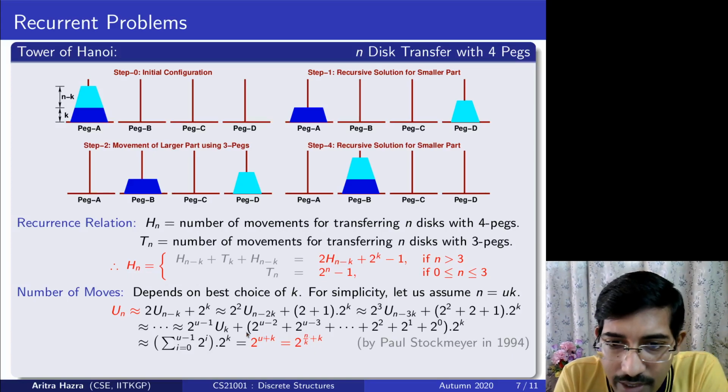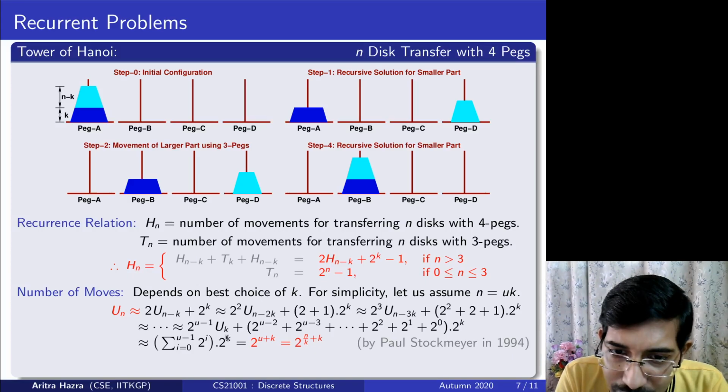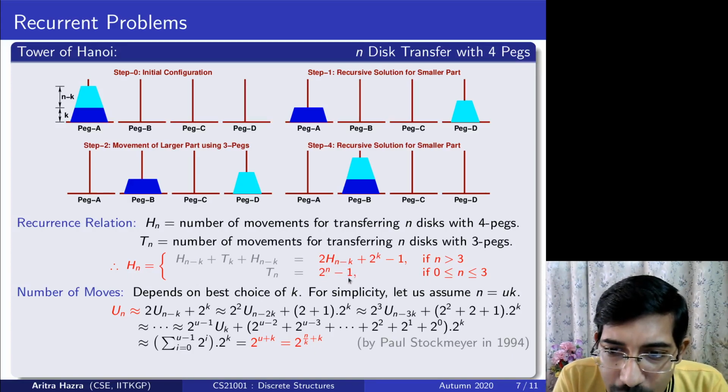Now this is nothing but, since my Hk is again 2 to the power k minus 1, because this is the base condition I have reached, and this base condition says that it is 2 to the power k minus 1. Again I approximate by eliminating minus 1. So this is again approximation.